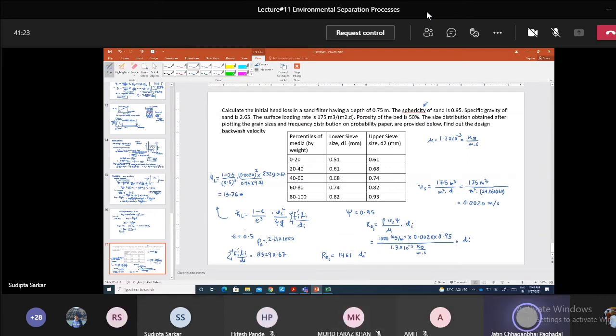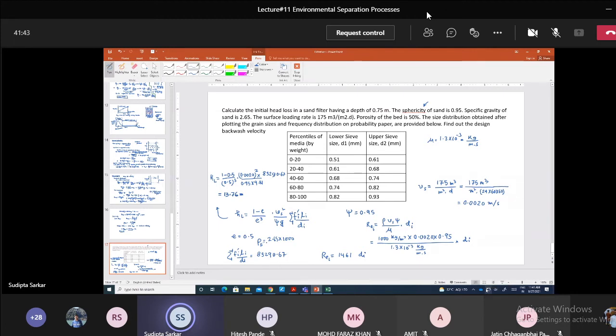Sir, F dash is a drag force or any other force, sir? F dash is the coefficient.